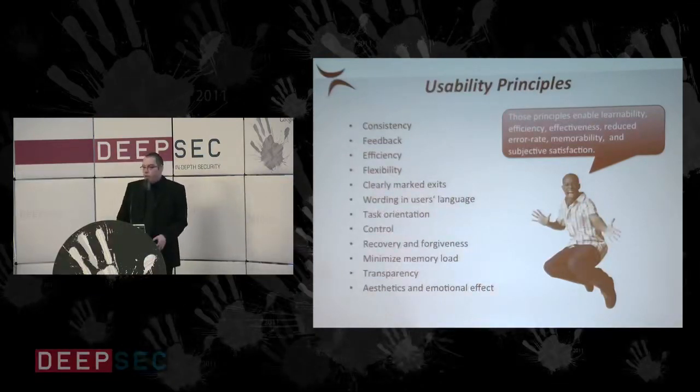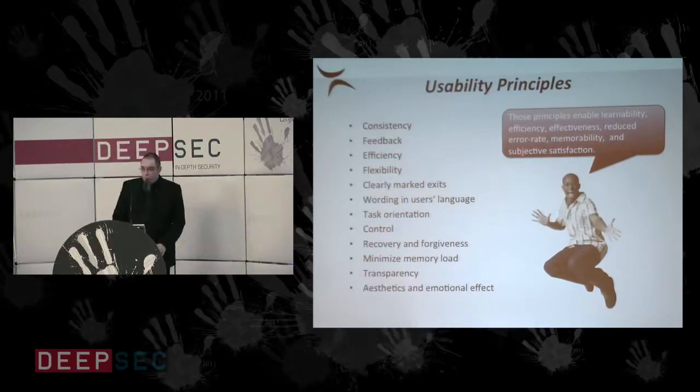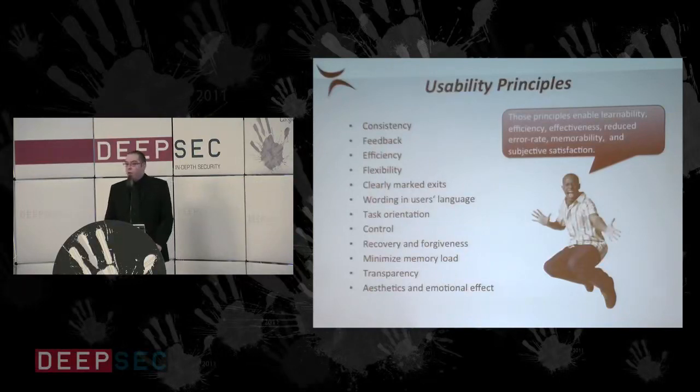Or you build a device that has a very sexy and slick aesthetic and emotional effect, which could be, for example, boosted by using expensive materials and so on. This principle is: everything you build, if you build it aesthetically and with a positive emotional effect, will have more success. In terms of IT security systems, it will be used better and in a more correct way.